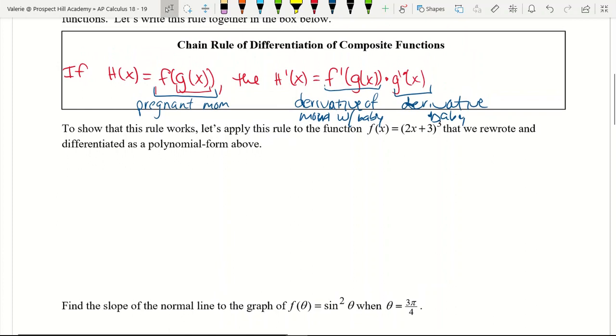Okay, so we're going to use that information to find the derivative of f of x that you did above, but now we're going to find it using the chain rule. So if I have f of x equals 2x plus 3 cubed, in this case, the outer function, the mom, is x cubed, and the inner function, the baby, is 2x plus 3.